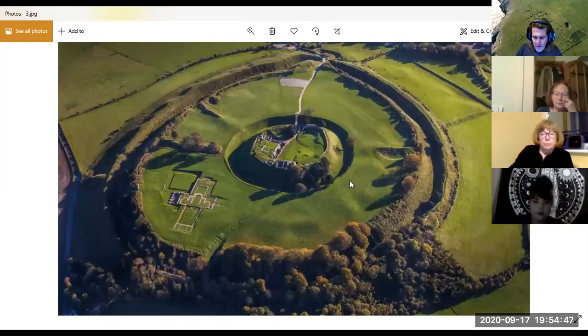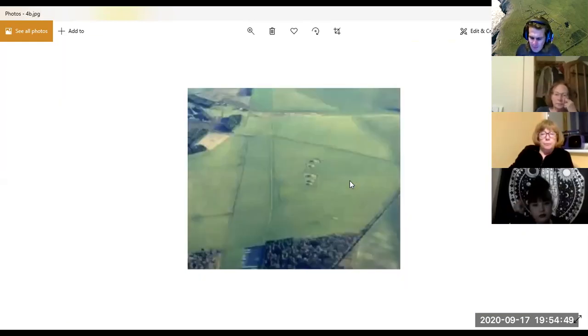So when we think about aerial photography, we might think about Causeway Enclosures, Cursus Monuments, Long Barrows, Mortuary, all these different words. But on the ground, when you're trying to understand what's going on, it's always good to have an aerial photograph.